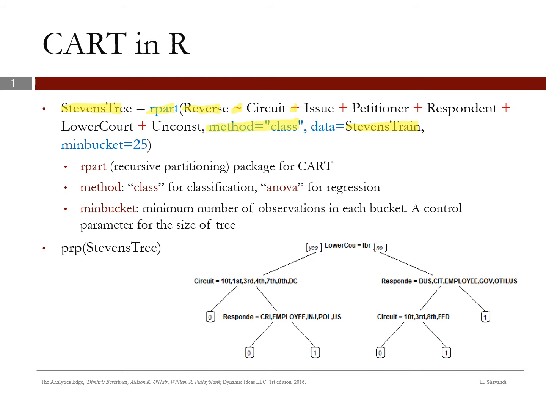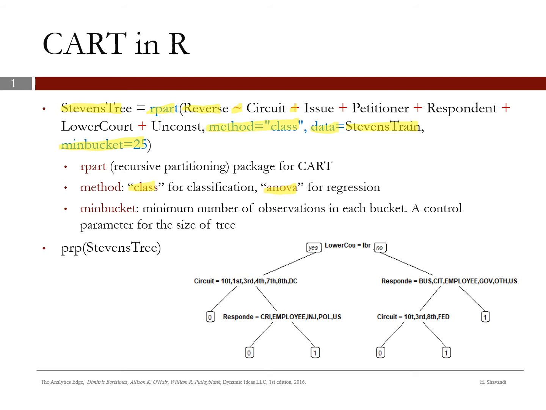The method can take two values, class and anova. Class means classification, which will be the CART method, and anova can be used for regression. Our data here is Stevens train, and minbucket equals 25.